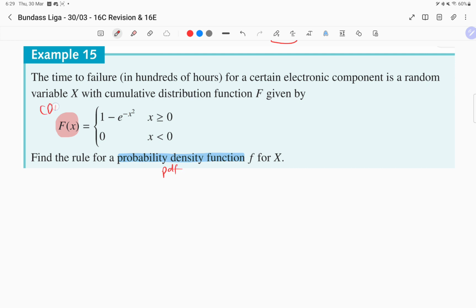Alright, that's the CDF. Okay? So do you remember how we find the CDF? What's the formula again for big F of x? Area to the left of a certain value x.